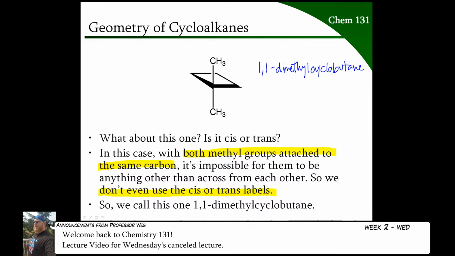You don't even use the labels because you don't need to. They will always be opposite sides from each other. So they would always be what we would consider to be trans. It's sort of the same circumstance as when you had one methyl cyclobutane. You don't need the one if it's always going to be numbered position 1 with only one group.